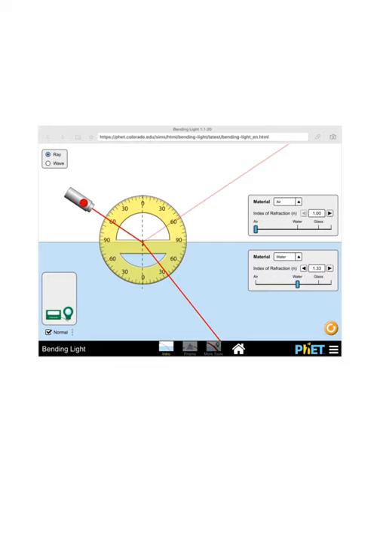Maybe here, for instance, I'll choose to input at 60 degrees with respect to this vertical dashed line through the middle of this picture. What we'll see is that light reflects away from the surface of water at 60 degrees, the same angle at which it came in.